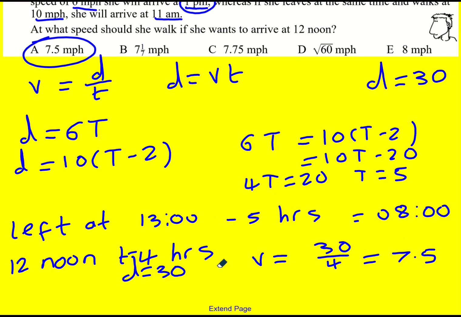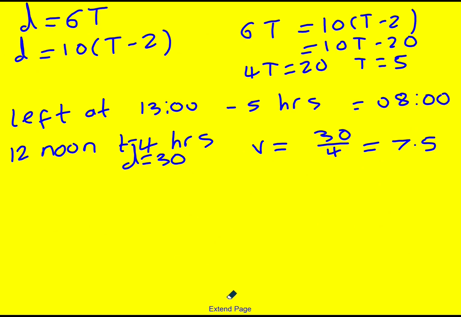The official solutions do the same sort of thing, but they use x. I'm going to stick with d, so let's say the distance traveled is d. Then we can work out the time taken. The time taken when going 6 miles an hour is going to be d divided by 6. Let me call that t1.